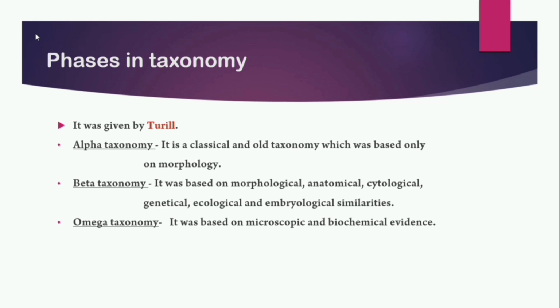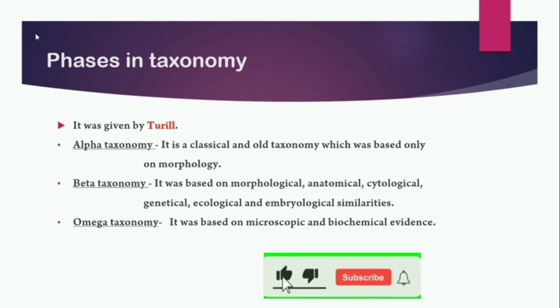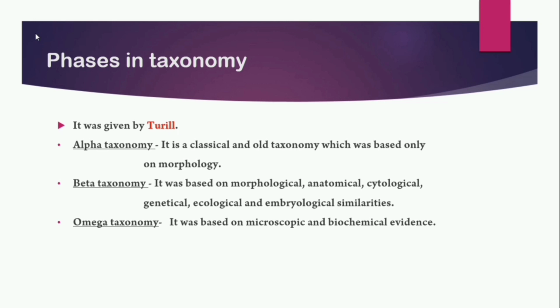Alpha taxonomy, that was the phase which is very old, and that time it was used before 1940s. So at that time the organisms were classified only on the basis of their external features, morphological characters.